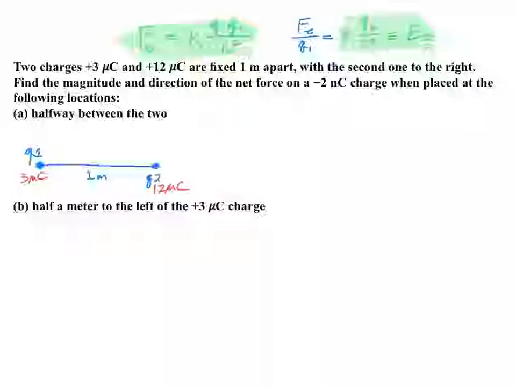Find the magnitude and direction of the net force on a -2 nanocoulomb charge when placed halfway between the two. So if I were to put charge 3 here, which was what? -2 nanocoulombs. If I put it halfway, so this distance is 0.5 meters, what does the force interaction look like?